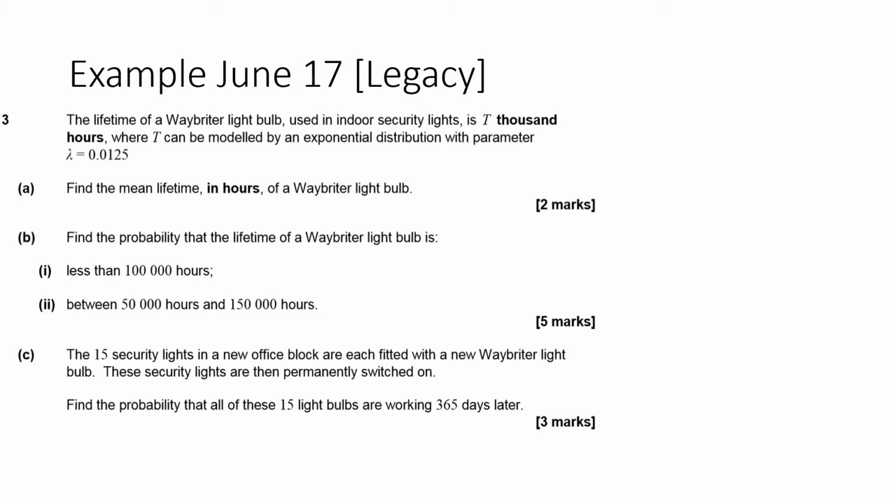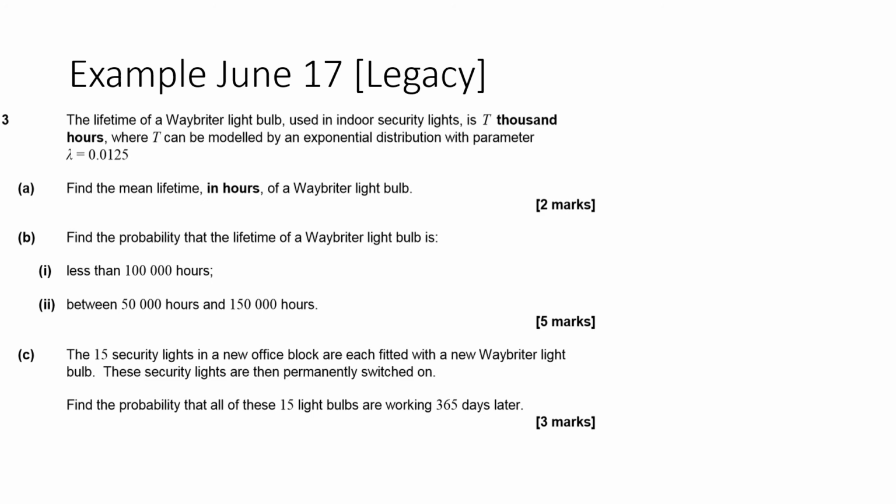Okay, so light bulbs were told lambda equals. Now T is in thousands of hours. So the mean, 1 over lambda, I think comes out at 80. But it says in hours. The mean of T would be 80.